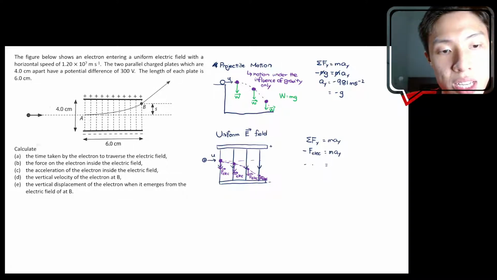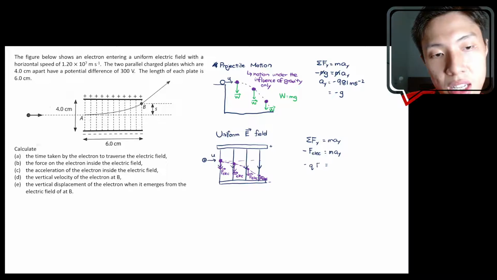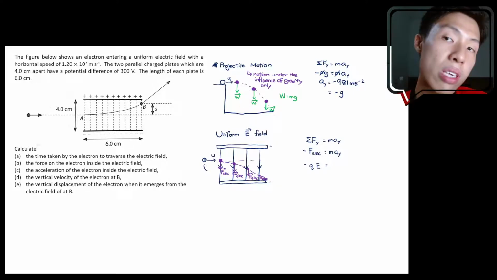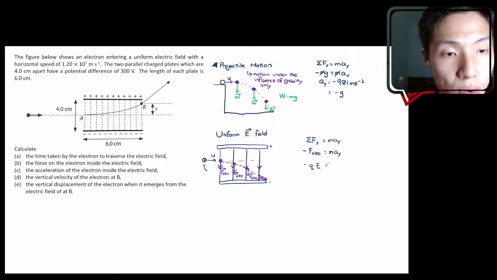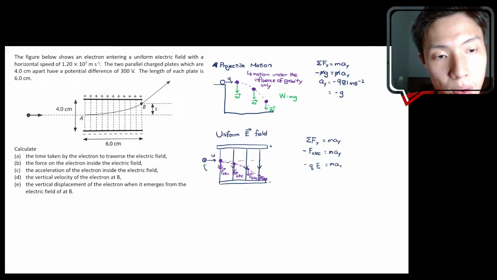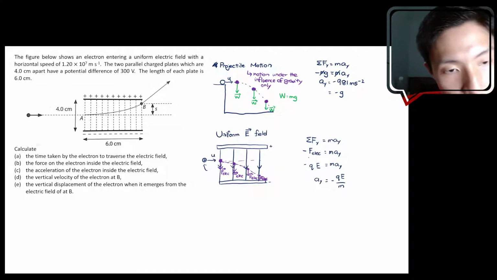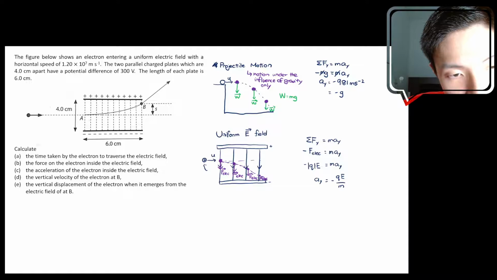Well, it's just Q times E, where Q is this charge over here, and E is the magnitude of the uniform electric field in between the two plates. Then you get m a_y, so a_y will be equal to negative QE over m. I would like to emphasize that this Q is the absolute value of charge.